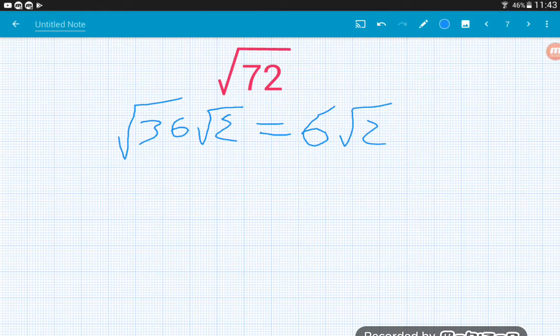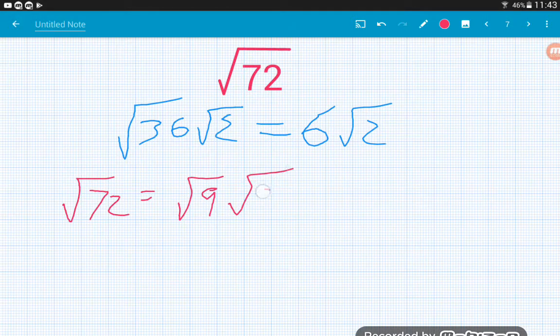We might also spot that we could write root 72 as root 9 root 8, because 9 times 8 is 72. Now we can express root 9 as 3, so we've got 3 root 8.